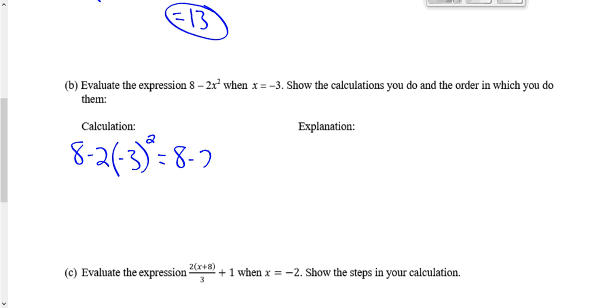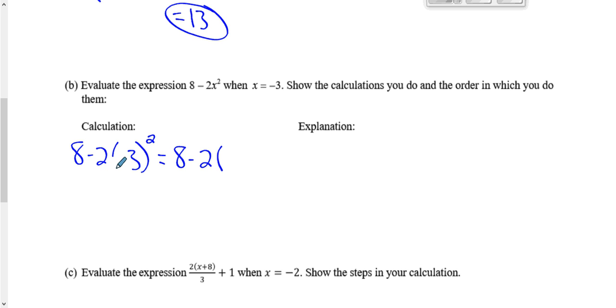Now let's be careful. 8 minus 2 times, what's negative 3 squared? Is it 3 times 3? What is negative 3 times negative 3? Oh yeah, that's positive 9.